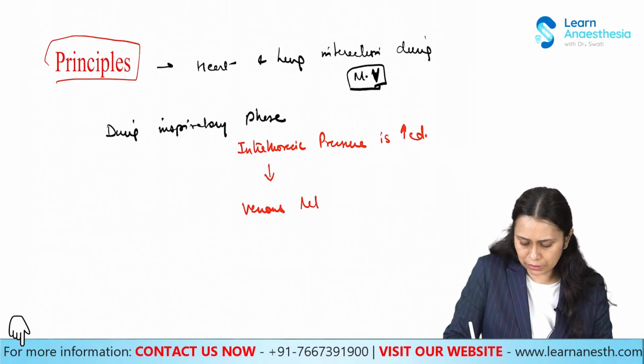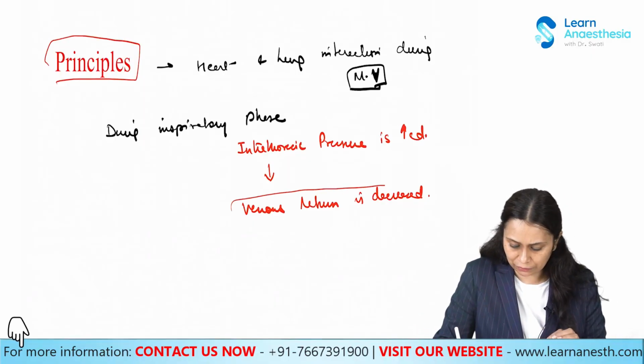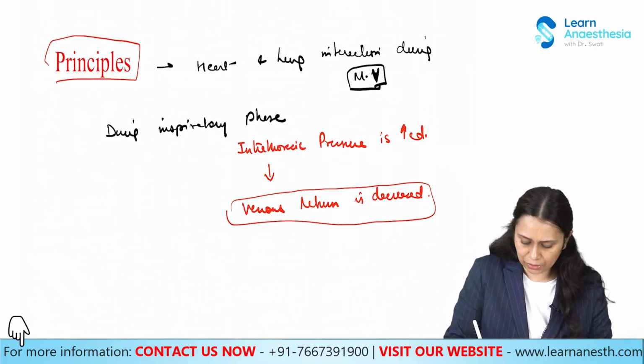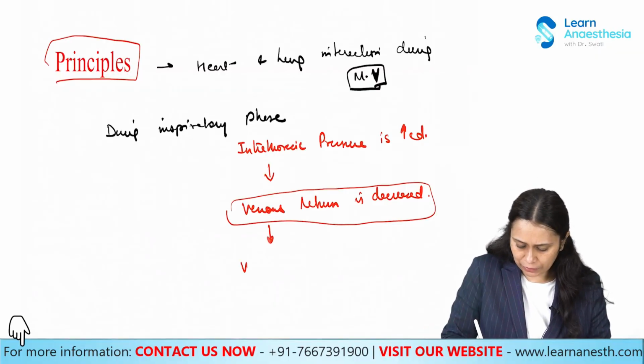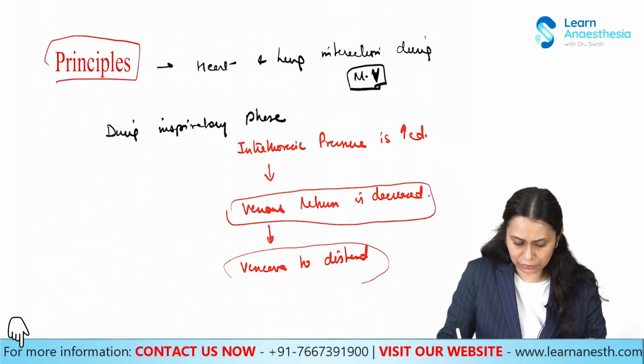So venous return is decreased, and this decrease in venous return causes the vena cava to distend, because the venous return is decreasing and the blood is more in the vena cava.